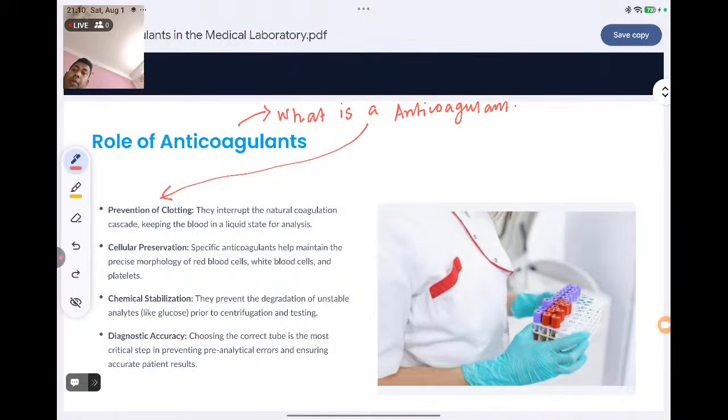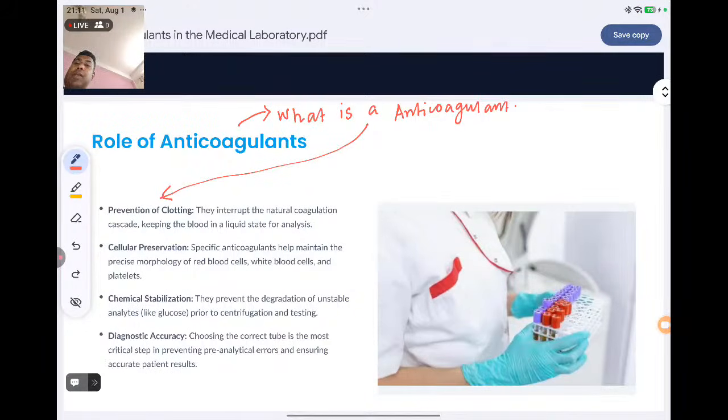When we take out the whole blood from our body, the anticoagulants help in the prevention of clotting of blood. Therefore, it also allows us to perform the tests which are performed in the medical laboratory. So what is anticoagulant?